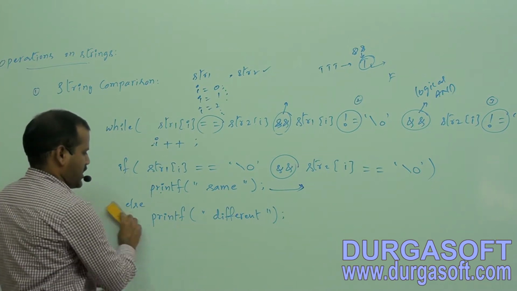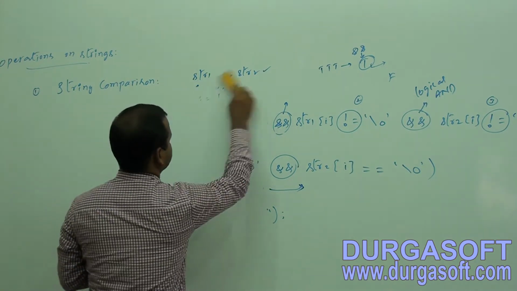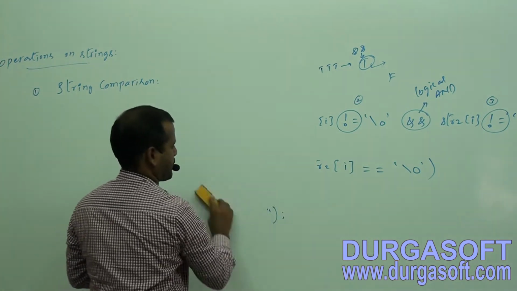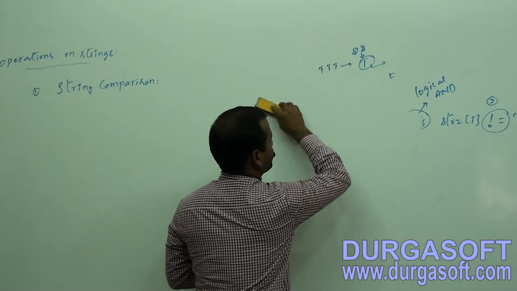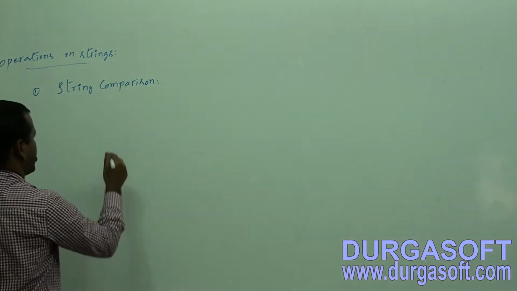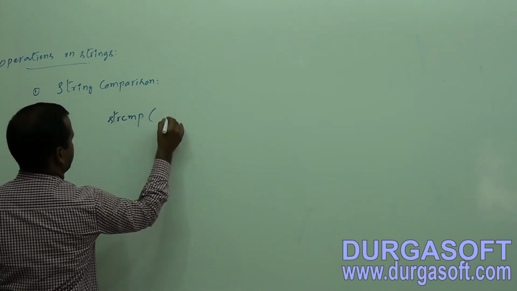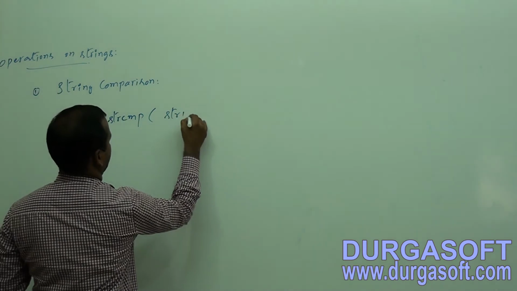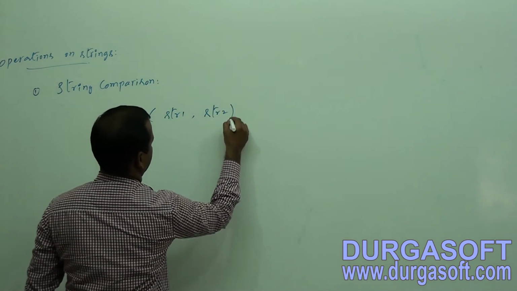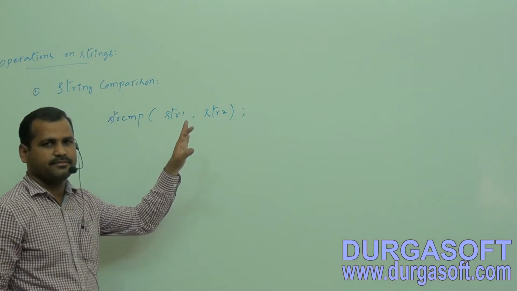Alternatively, we have one string function to perform this same task, the string comparison operation. So we have a function, strcmp, to compare the given two strings.